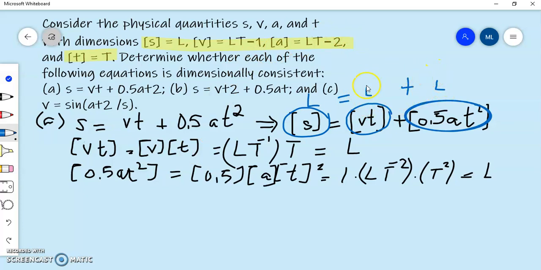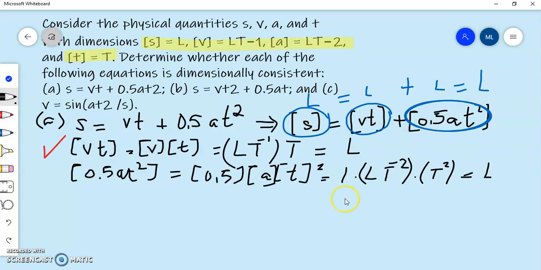The two terms that we add have the same dimension. And this is also equal to L. So the terms on both sides of the equation have the same dimension. So this is dimensionally consistent.